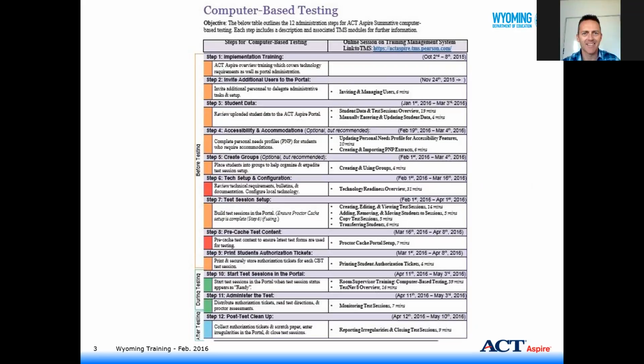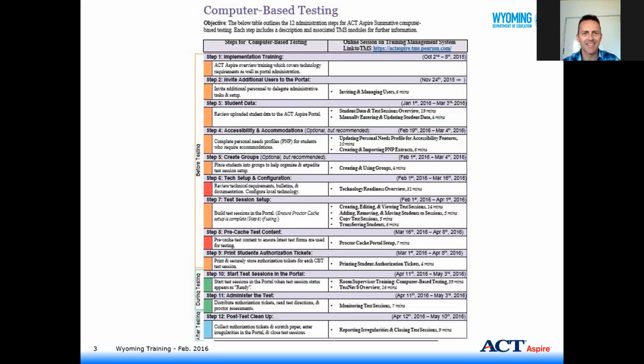So from a proctor standpoint, they can start the test, look at the sessions underneath that respective group, and manage those tests individually with a particular class. Again, it's optional, but it is highly recommended, and it's been very user-friendly.